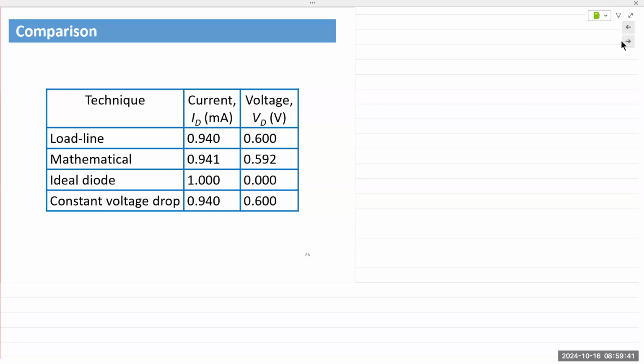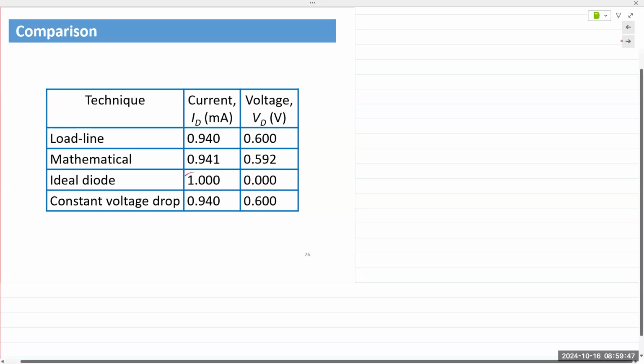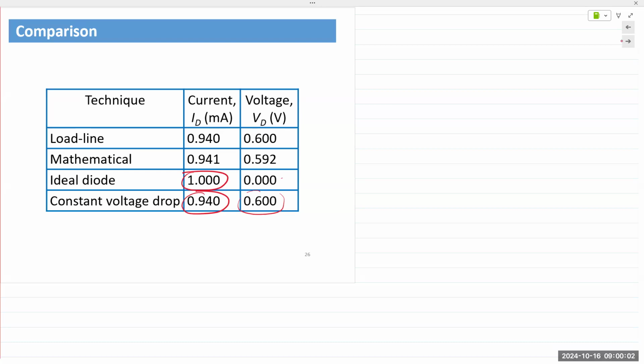With the ideal diode model, it's obviously either on or off. So it's 0 or 1. So we got 1 milliamp, right? And the diode voltage was 0. And then the constant voltage drop gives a more accurate value. So 0.6 and 0.94. So that's the comparison of all the 4 different analysis techniques using 4 different models.